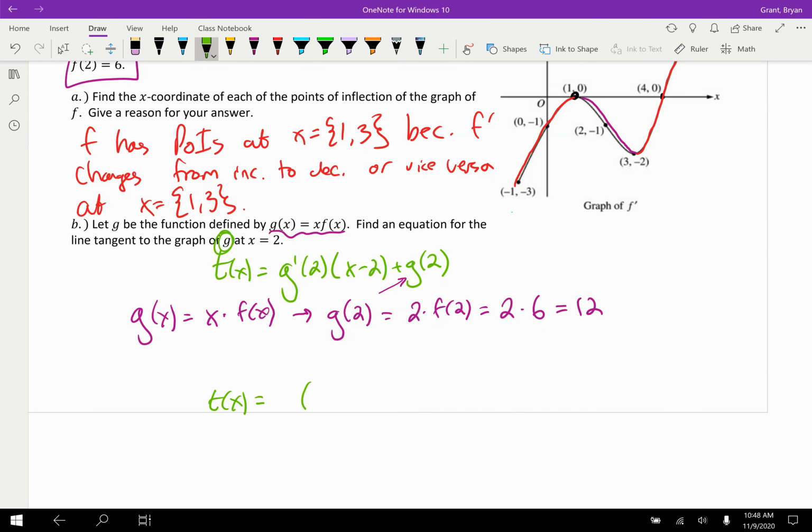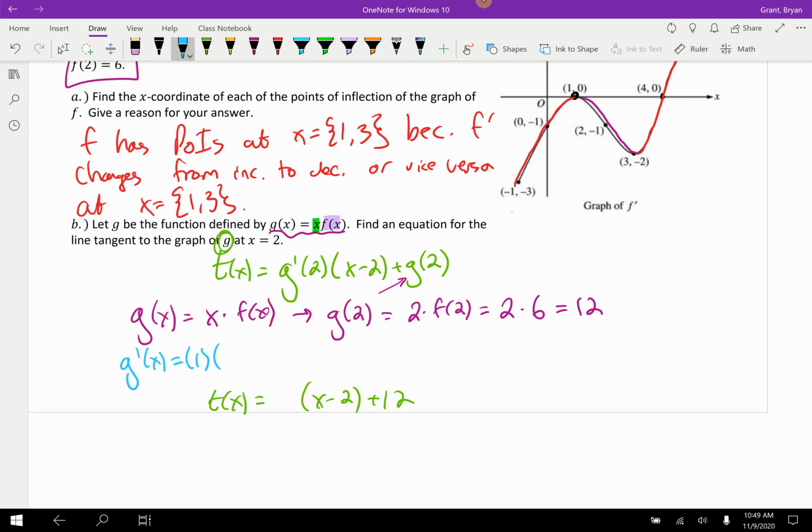Okay, what about g prime of 2? Before we find g prime of 2, we need to find the equation that creates it, which is g prime of x. That means we need a derivative. Ooh, an actual derivative today? Don't forget, there are 2 functions multiplying together, so yes, we need the product rule here.